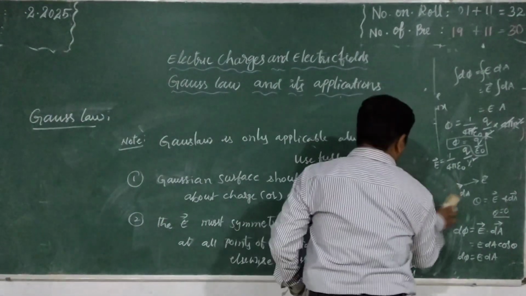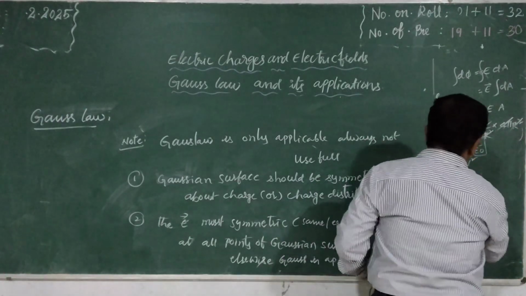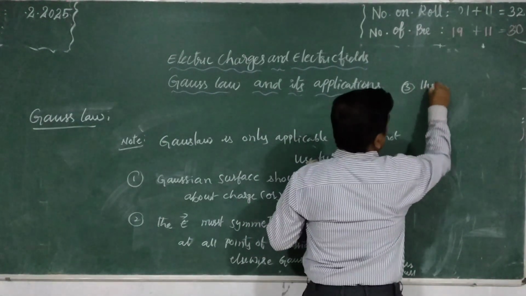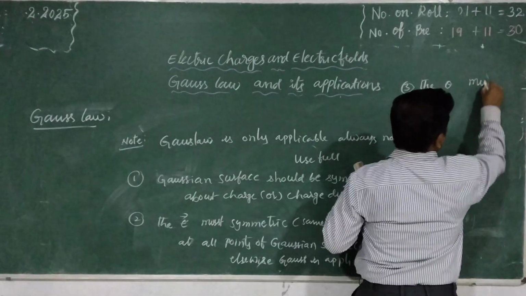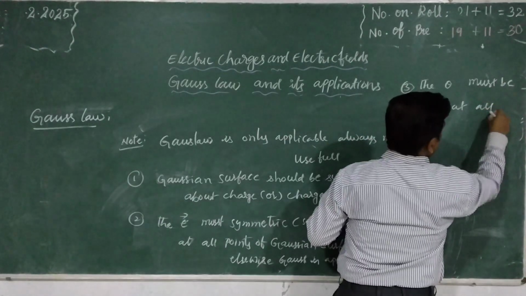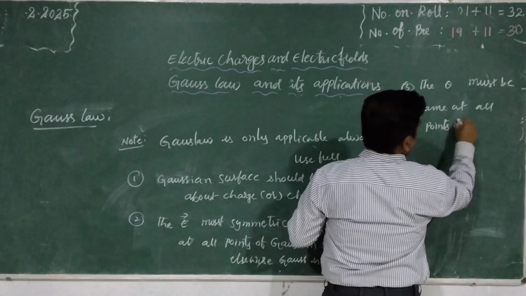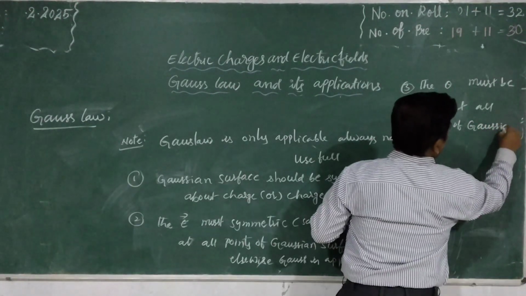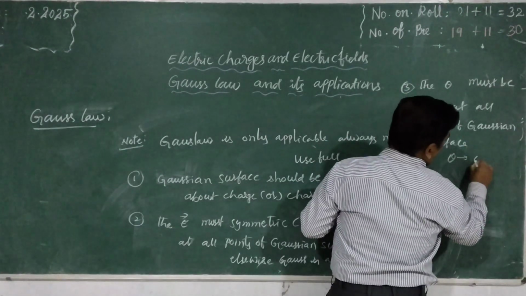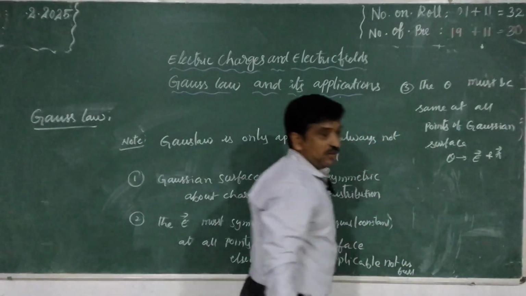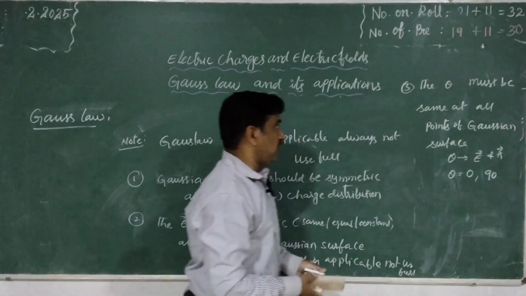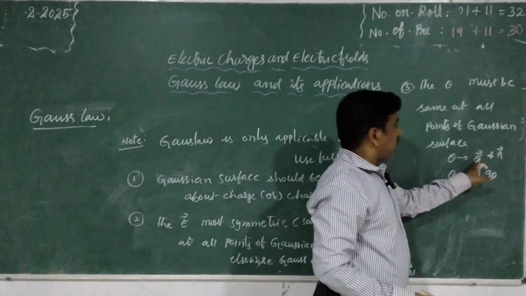See the third one: theta is the angle between the electric field and the area vector.